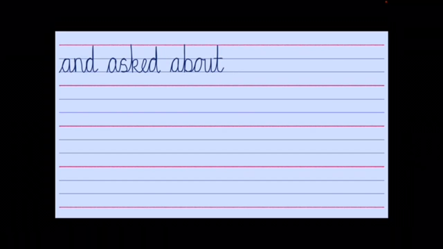And asked, ask, and then suffix ed, about. So it's like ab and then out. We haven't covered that spelling choice yet. Ow is written O-U, and we will be including it soon.